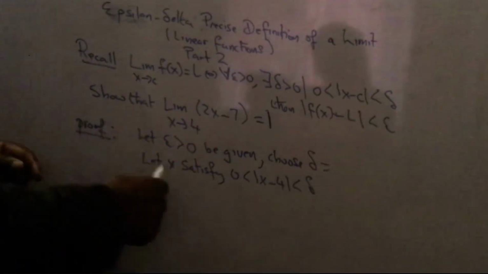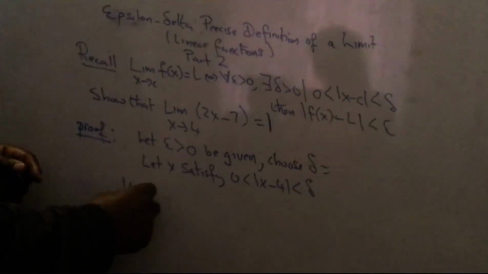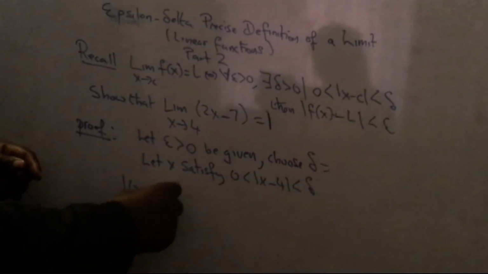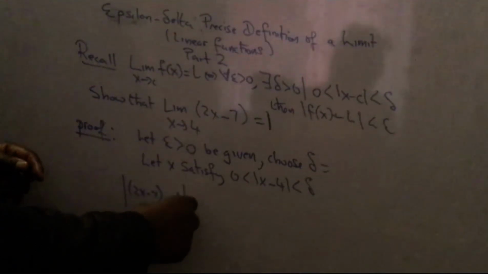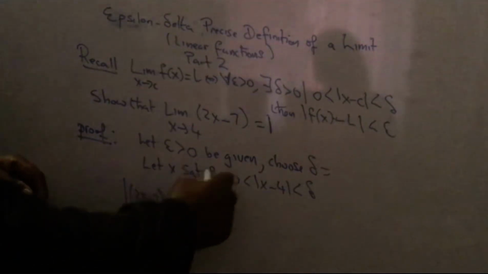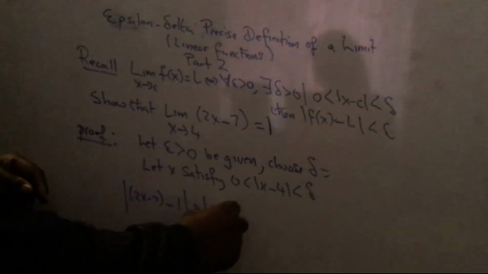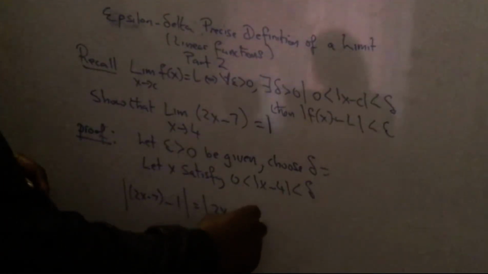Right, let's begin by writing the absolute value of 2x minus 7 minus 1, right? And we want that to be less than epsilon. So we're starting from here and we're working backwards to achieve this goal, right? So we're going to have 2x minus 8.